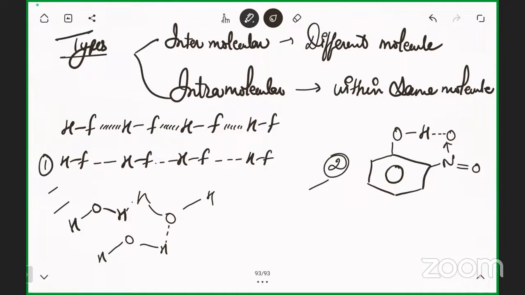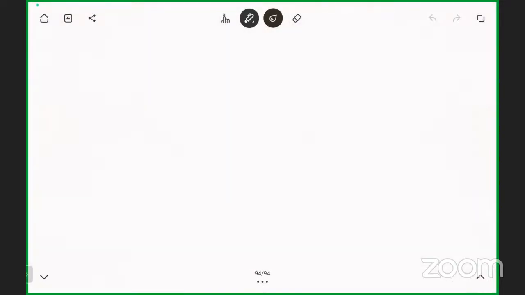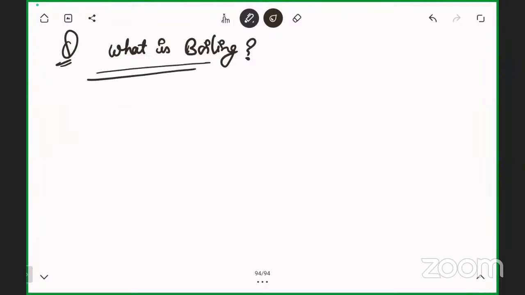I'll tell you this in the next class, but for today I'm giving you one homework. What is boiling? The question is, what is boiling? I'm not talking about boiling point. I'm not talking about melting point. The question is, what is boiling? I just want to know.